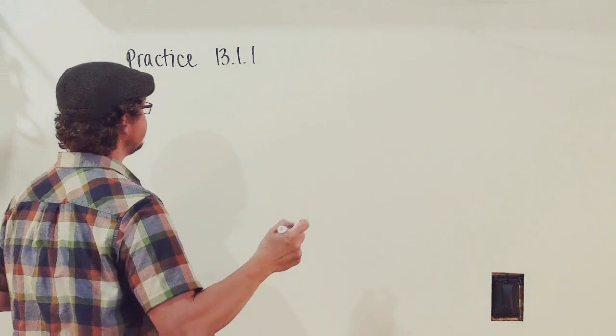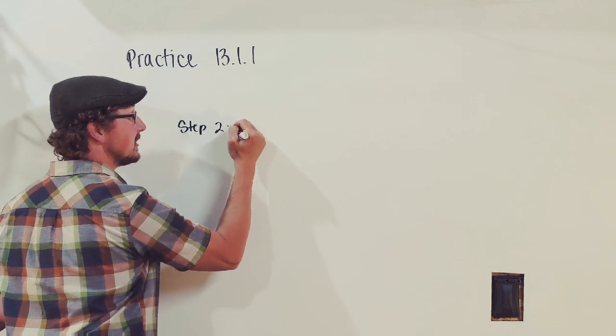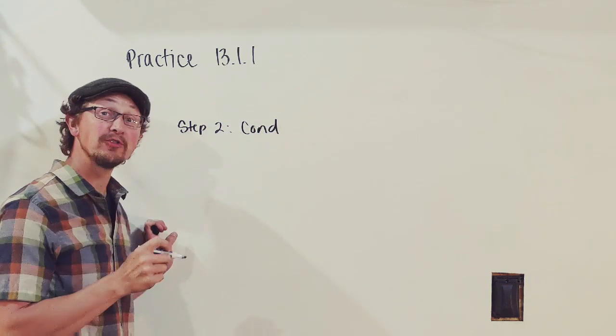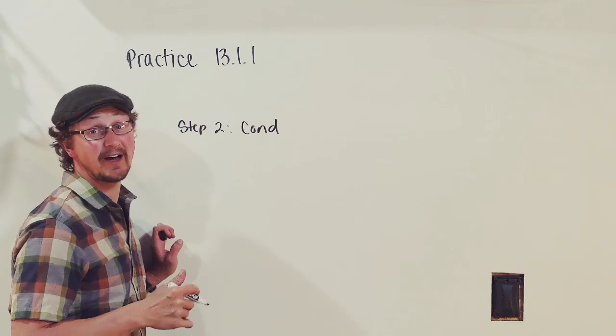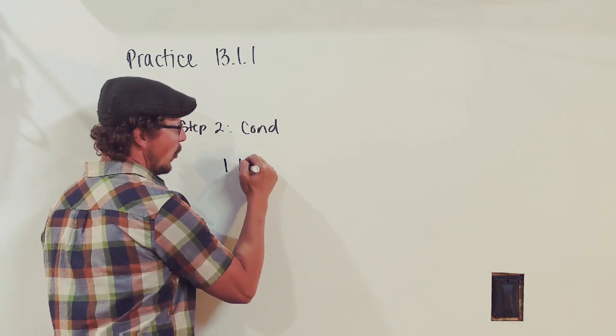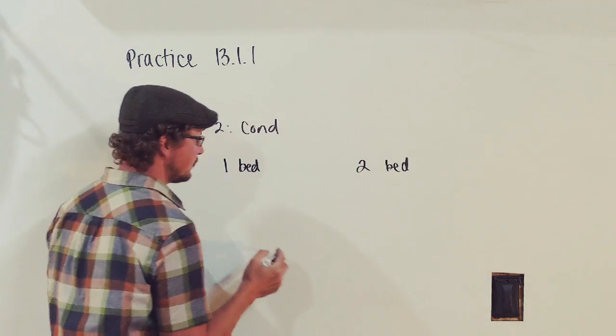Step 2. Step 2 is our conditions. And remember, we need to have both populations, both 1-bedroom and 2-bedroom in this context, identified that they satisfy all conditions. So I'm going to say 1-bedroom and 2-bedroom as far as my conditions are concerned.